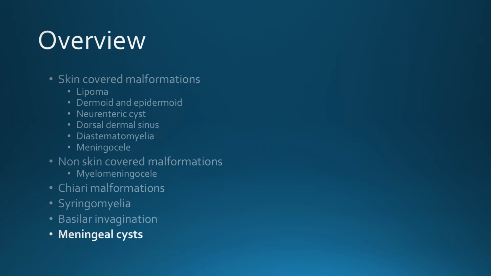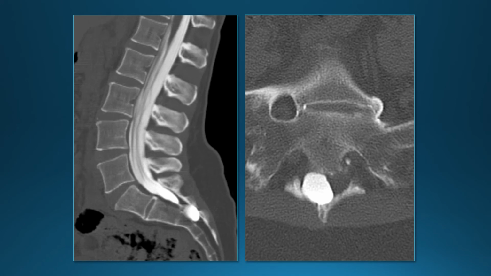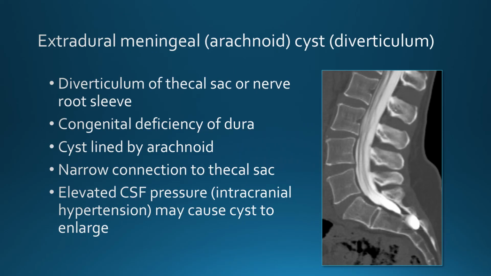The final topic will be meningeal cysts. So here's a CT myelogram. We see a cyst in the sacral region. We see these fairly commonly. So this is an extradural meningeal or arachnoid cyst or diverticulum. A lot of different terms are used for these.